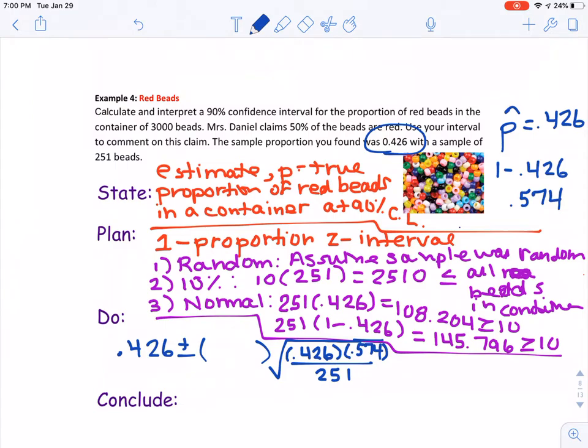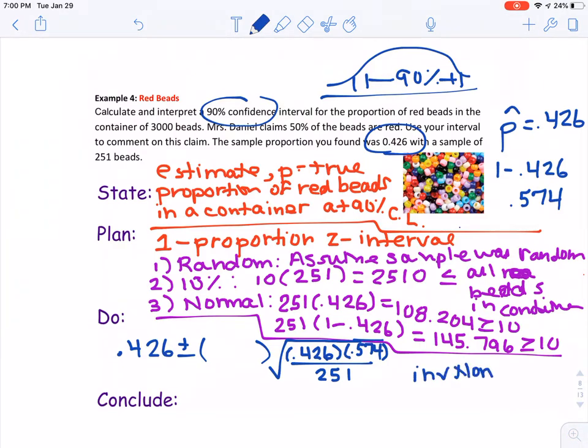Okay, I'm going to come back and fill in what the z-score is now. Okay, this was a 90% confidence interval. So once again, think through that curve. I want to block off 90% in the middle. That means the tails are each going to contain 10%. Okay, if I'm looking for the z-score that's going to fall right here on the calculator, I'm going to put this underneath here. I'm going to take the extra, divide by 2, so I'm only talking about one tail.